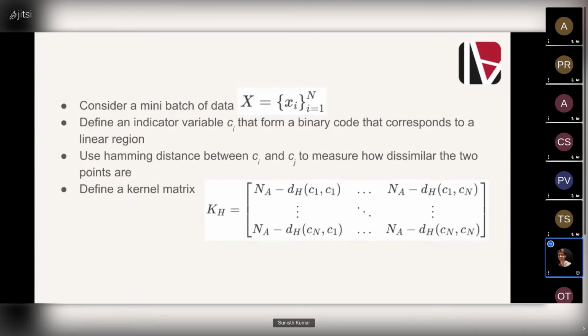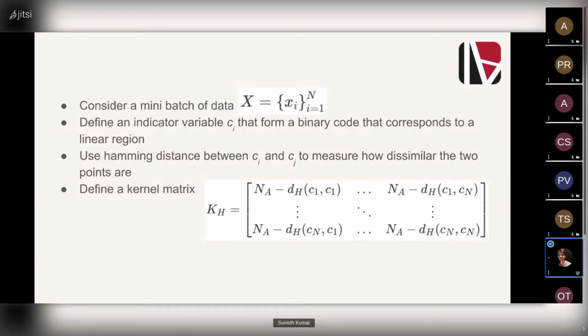Here, our two points are Ci and Cj. The Hamming distance is the minimum number of changes needed to turn one binary code into the other, or the number of positions where the two codes differ.